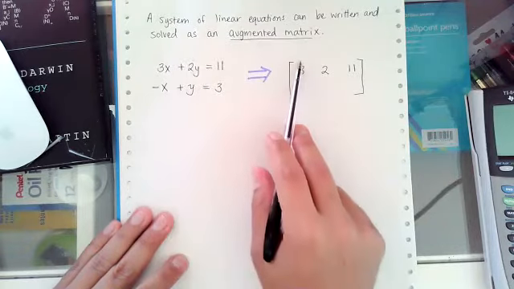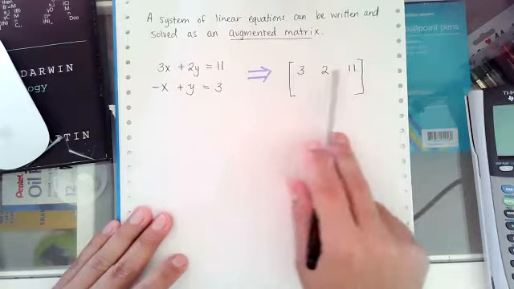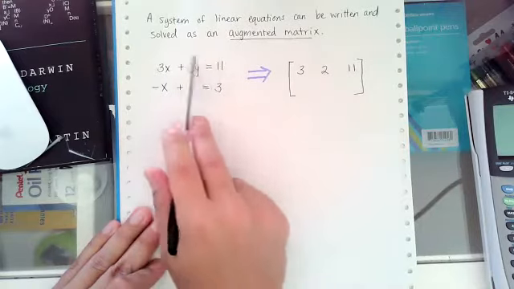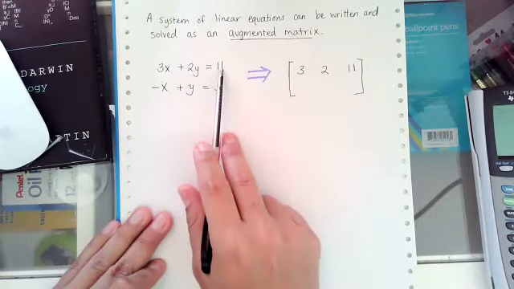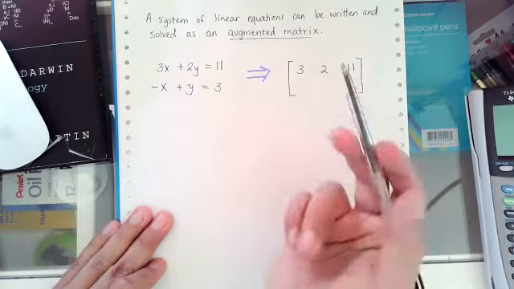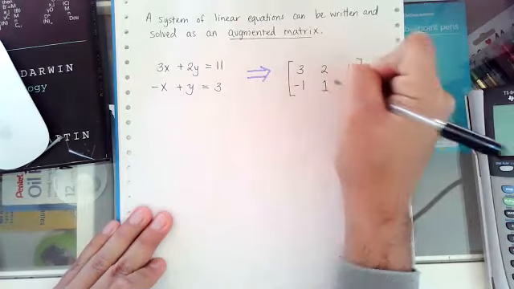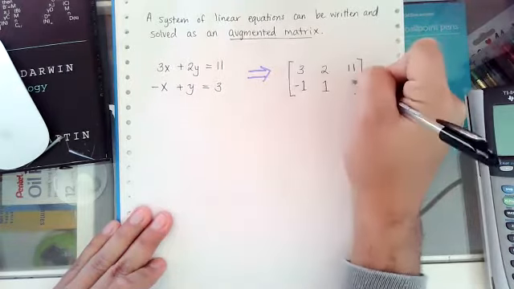So this first row corresponds to this first equation, right? And then if I wanted to write the second equation in this matrix, I would write -1, +1, 3.